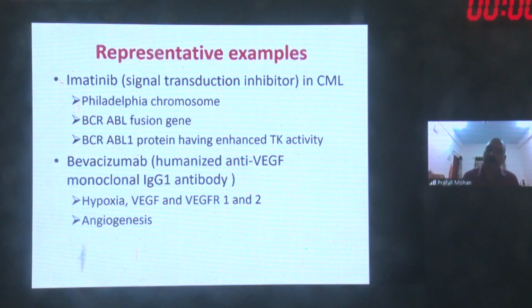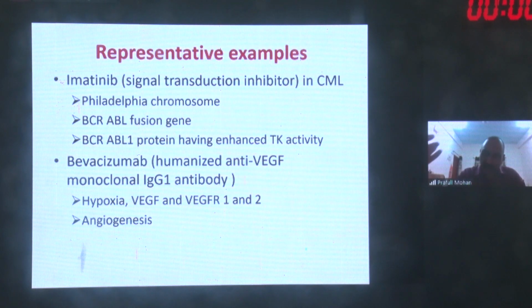Let's take the example of bevacizumab. As I had alluded to in the first slide, a cancer cell is dividing rapidly. It will have immense metabolic needs. Most of the times it will be in a state of hypoxia. Hypoxia will stimulate production of vascular endothelial growth factor, which will dock onto its receptors, VEGF-R1 and 2, and bring about angiogenesis.